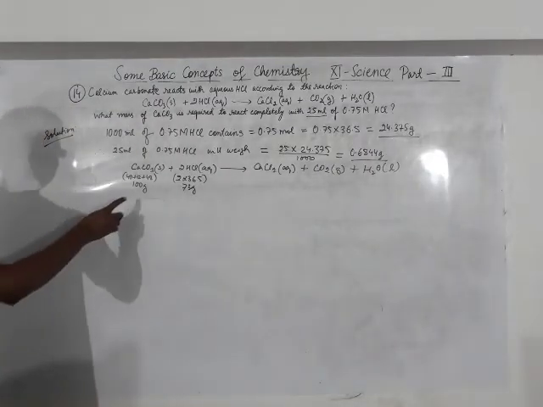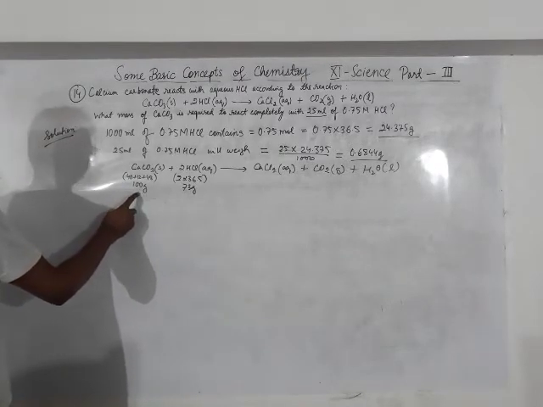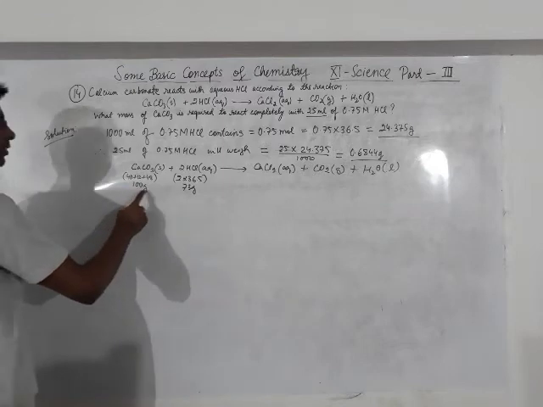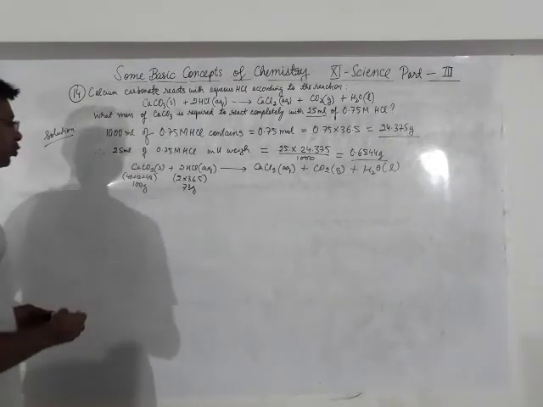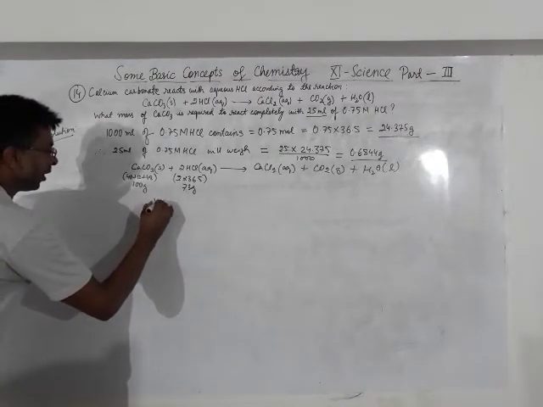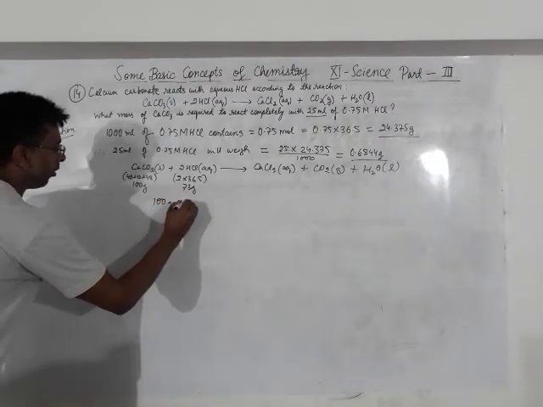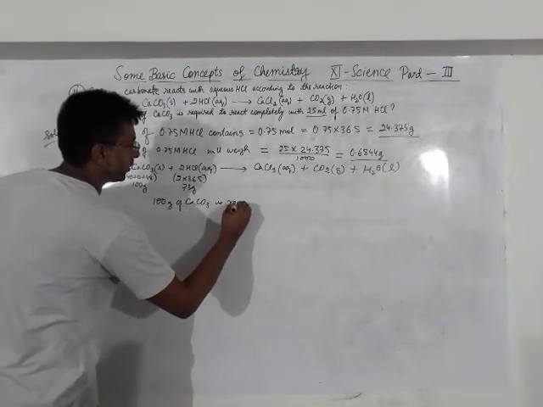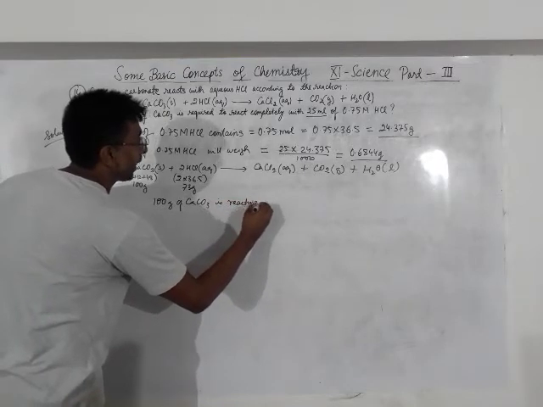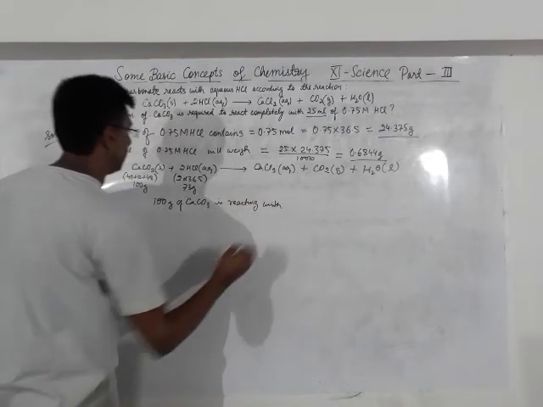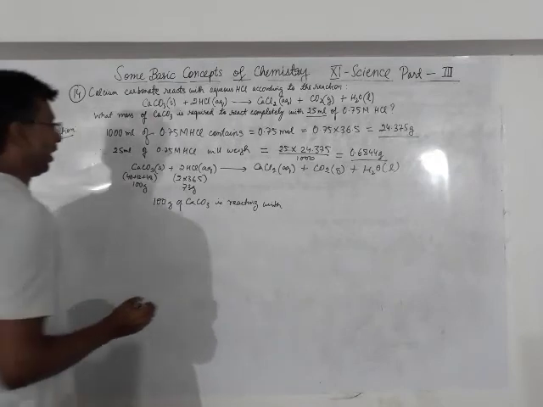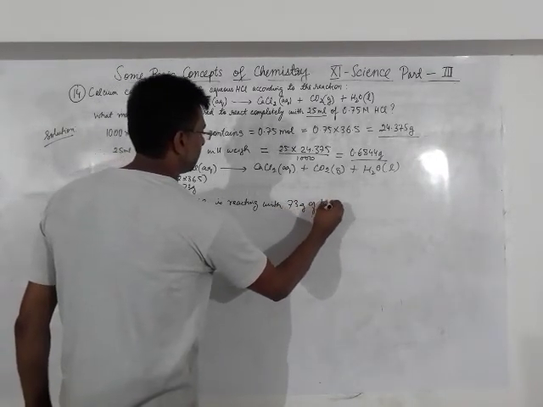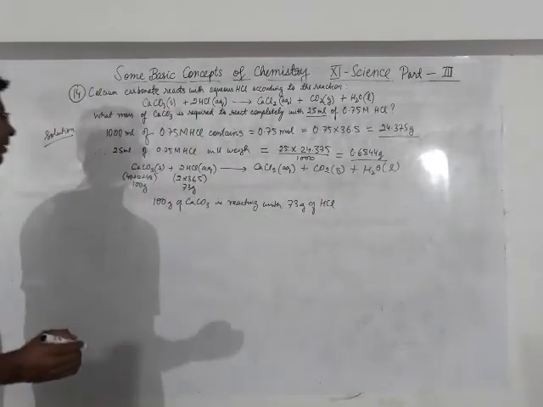Now here we are seeing that 100 grams of calcium carbonate is reacting with 73 grams of HCl. So we can write a sentence over here: 100 grams of calcium carbonate is reacting with 73 grams of HCl. One sentence can be framed in this manner.